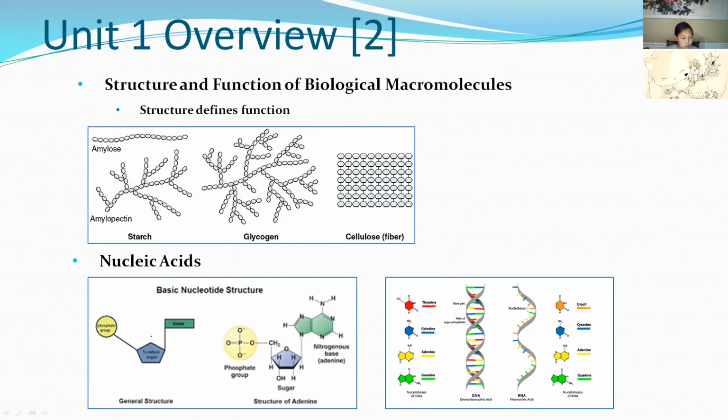So the carbons are counted 1, 2, 3, 4, 5. So later when we talk about DNA and you hear 3' to 5', it just means the 3rd carbon to the 5th carbon, or 5' to 3', which is 5th to 3rd. So it's just the way it's organized and how it flows, basically.